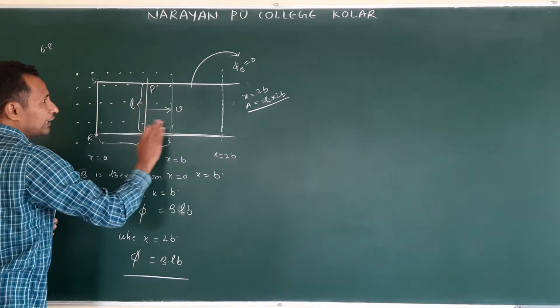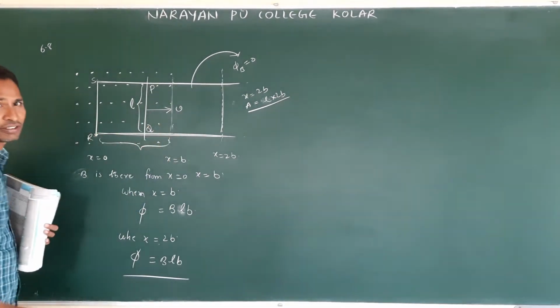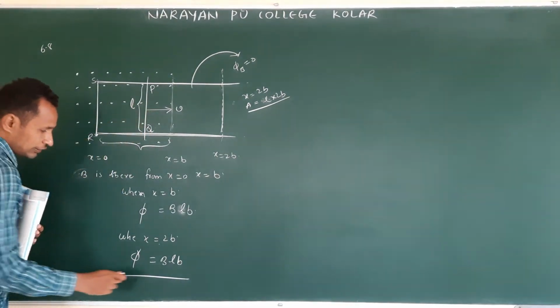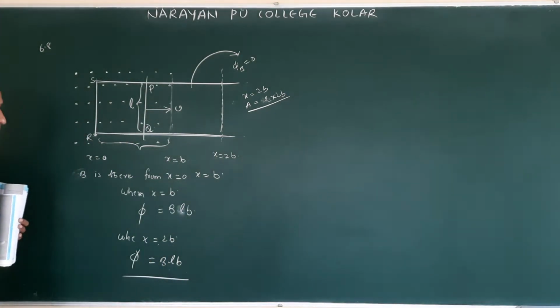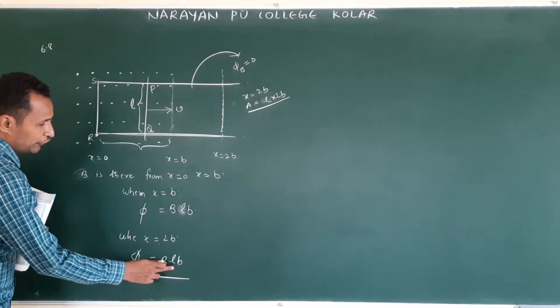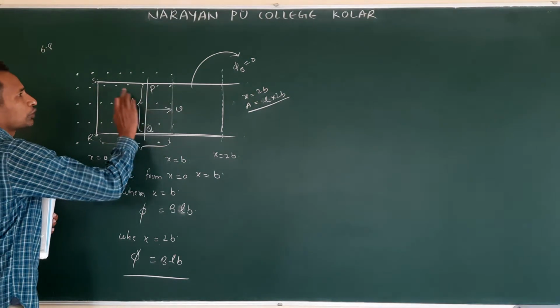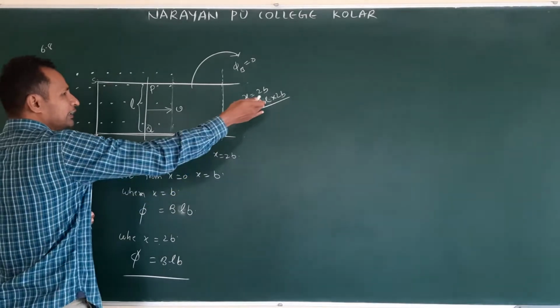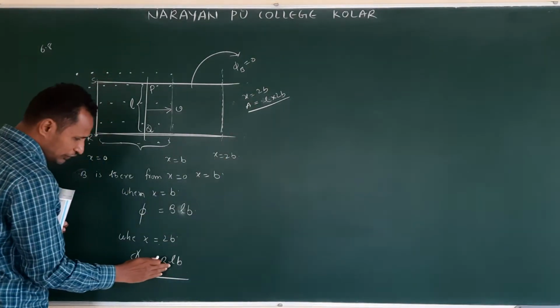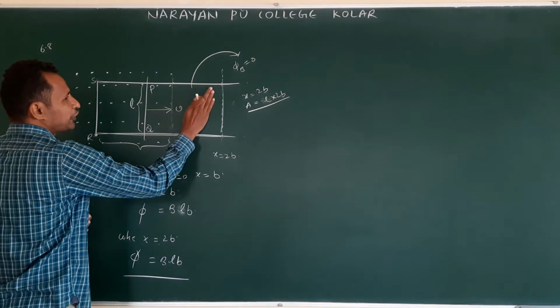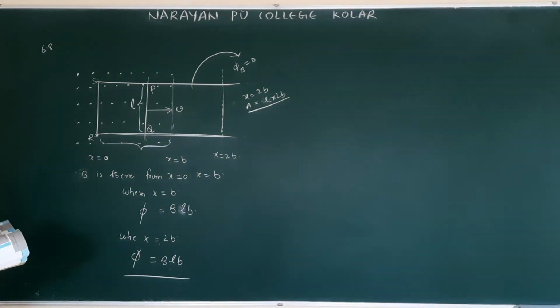Some portion of the area contains magnetic field lines, that is BLb. BLb is the flux in the total area. Clear? If magnetic field is there up to 2b, then the answer will be 2b instead of b. But according to the question, in this region magnetic field was not there.